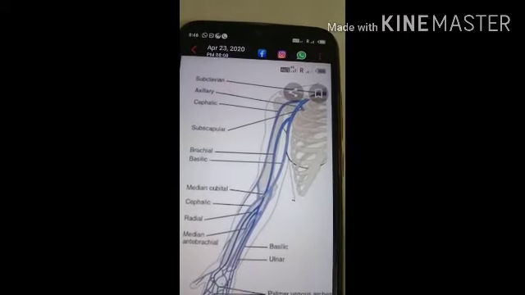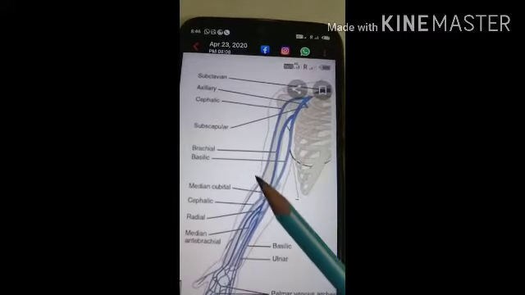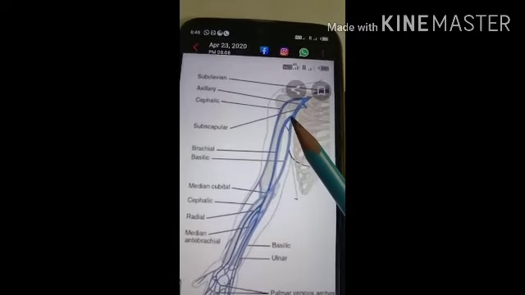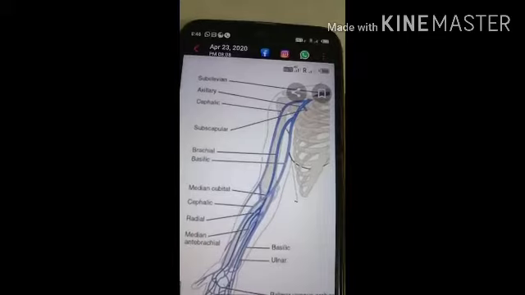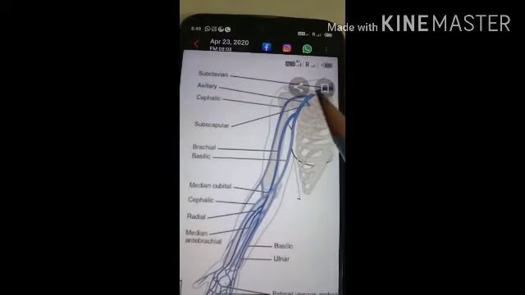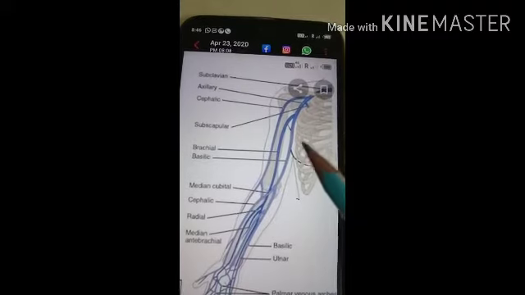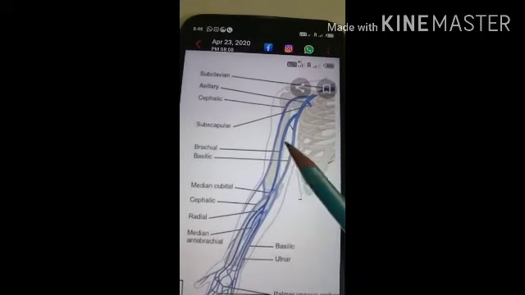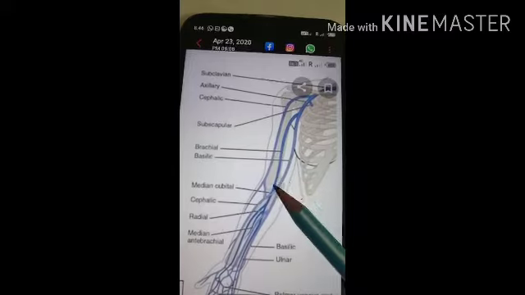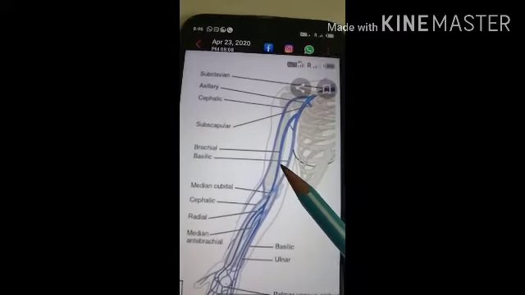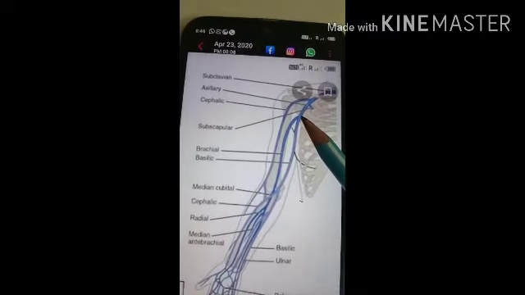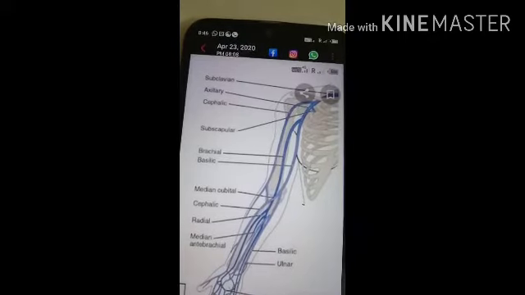Then they join with the axillary vein. Here you can see it joins with the axillary vein at the lower border of the teres major muscle, and the medial one generally joins with the basilic vein. Here you can see the basilic vein. So the medial brachial vein generally joins with the basilic vein.